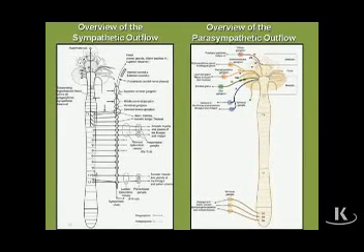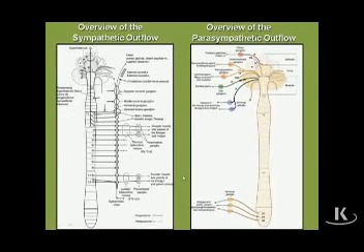On the other hand, for the parasympathetics, if we look to see where the cell bodies of their preganglionics are found, on this slide on the right, we then see that they are not found at levels T1 to L2, but rather they are found at higher levels in the brainstem associated with cranial nerves 3, 7, 9, and 10, and at lower levels in the spinal cord at sacral levels associated with sacral 2, 3, and 4.